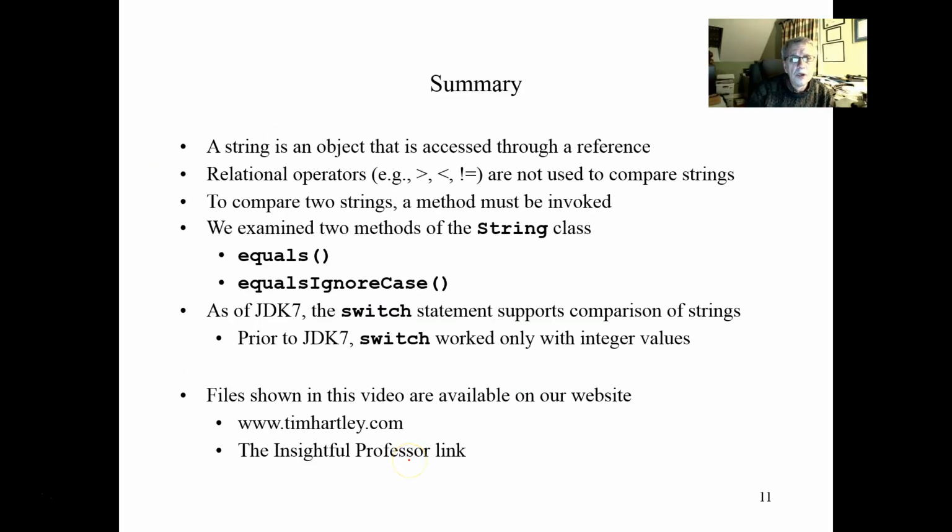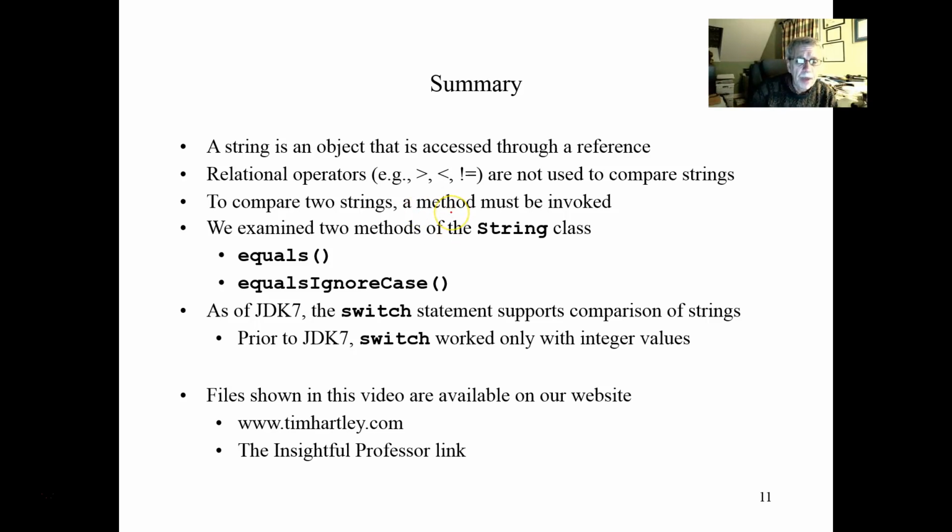To summarize what we've just discussed, we say a string is an object, so it's accessed through a reference variable. Relational operators cannot be used to compare strings. If we use them to compare strings by using their reference variables, we're actually comparing addresses or memory locations, not the actual objects themselves.